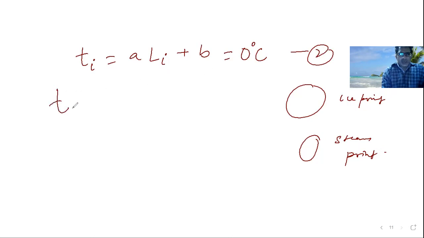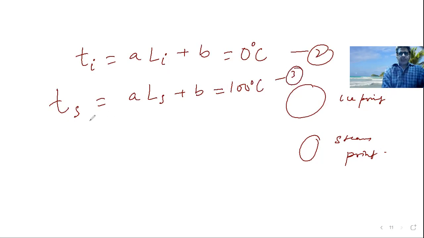Similarly, I have the third equation: Ts is equal to A Ls plus B, which I have labeled as 100 degrees Celsius. Ts is the temperature of my mercury thermometer system when it is in thermal equilibrium with the steam point, and Ls is the length of the mercury column at that time.